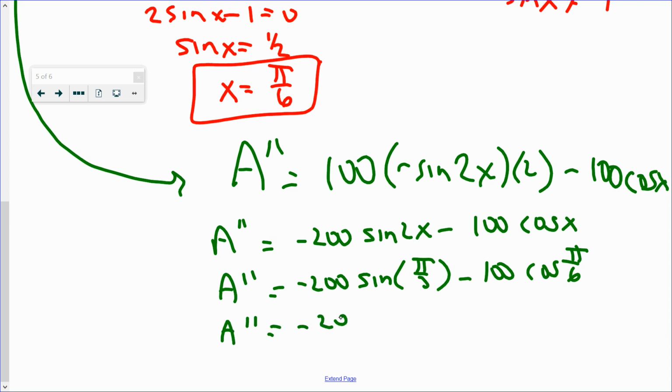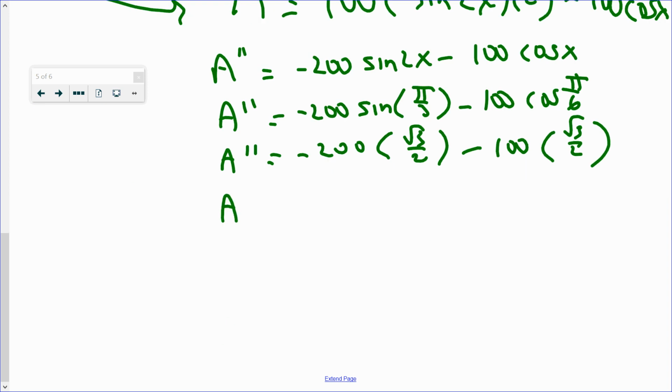So -200 times sine of pi over 3, which is root 3 over 2, minus 100 times cos of pi over 6, which is root 3 over 2. So I have -200 root 3 over 2 minus 100 root 3 over 2. I don't really care what the answer is, I just can clearly see that's negative.